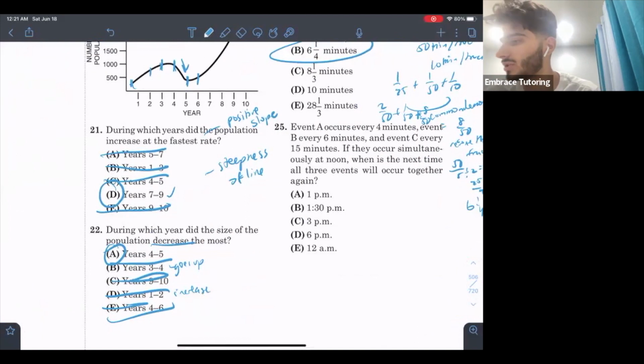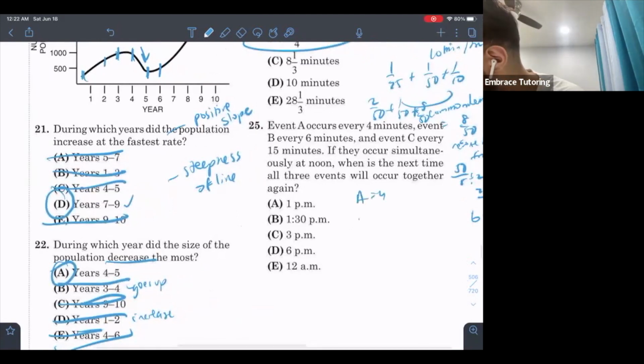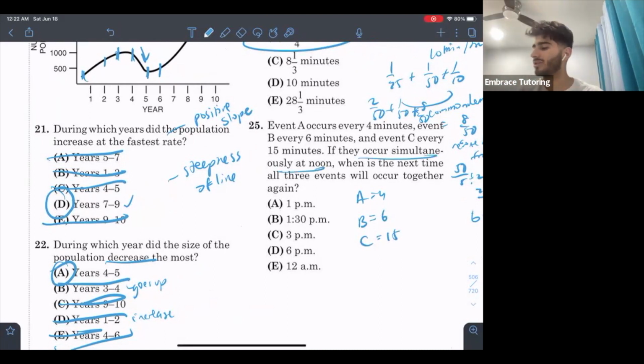25, last question. Event A occurs every 4 minutes, B every 6 minutes, and C every 15 minutes. If they occur simultaneously at noon, when is the next time all three events will occur together?